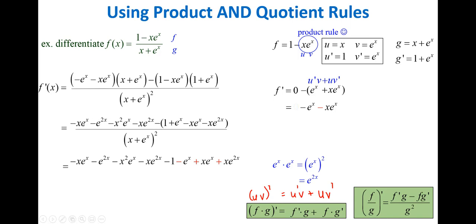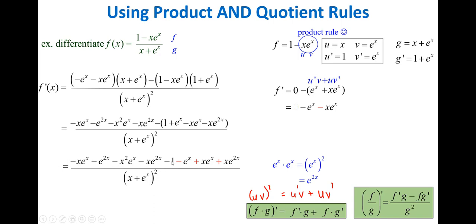All I'm doing to get from this numerator to this one is distributing the negative inside of the parentheses. So this will be negative x e to the x minus e to the 2x minus x squared e to the x minus x e to the 2x minus 1 minus e to the x plus x e to the x plus x e to the 2x over x plus e to the x squared.